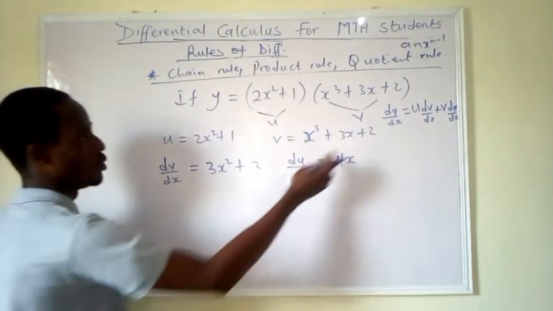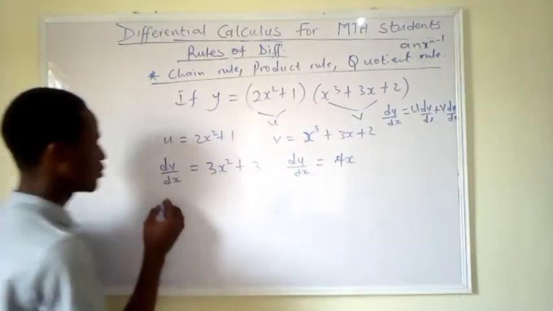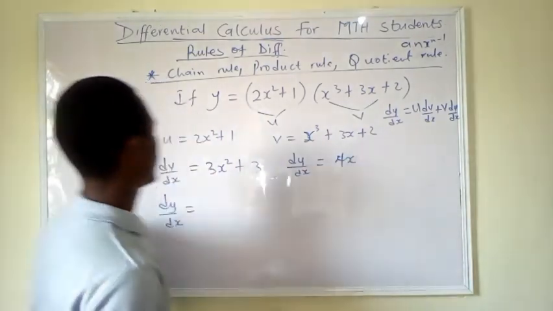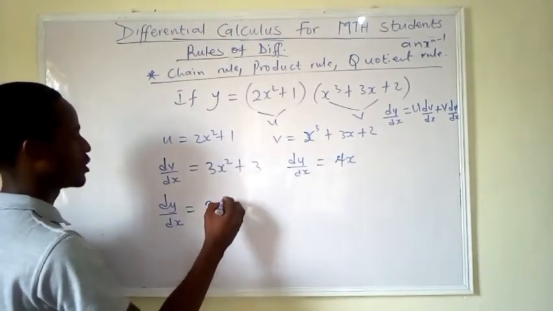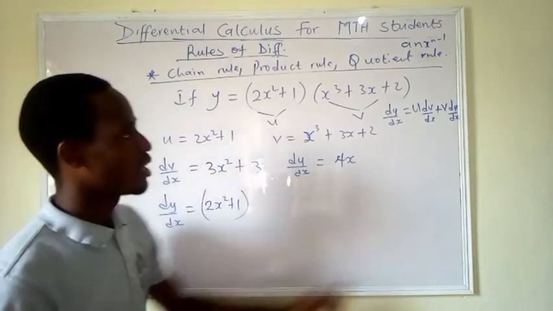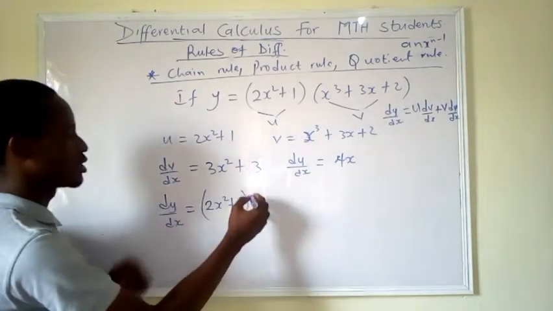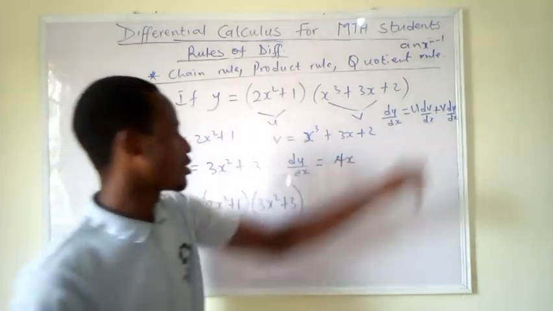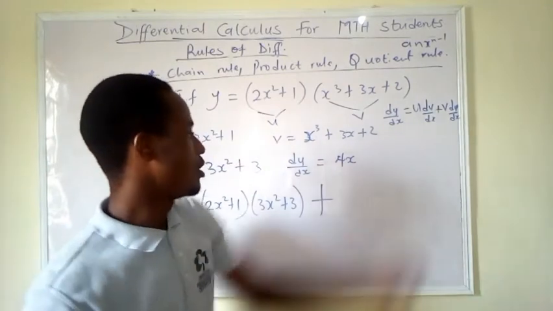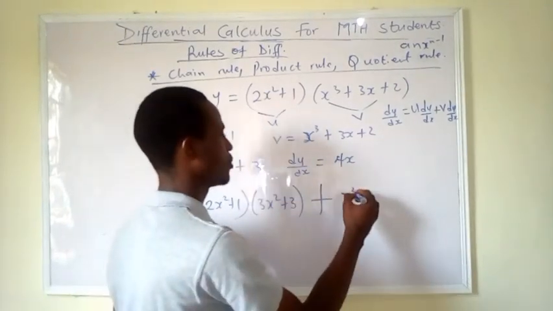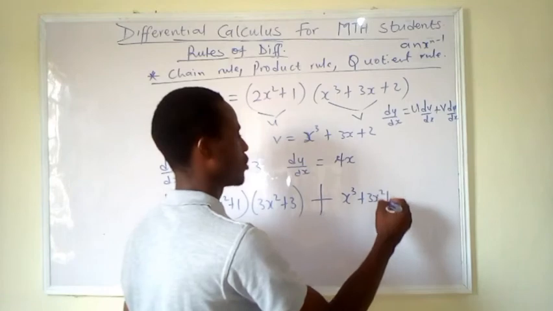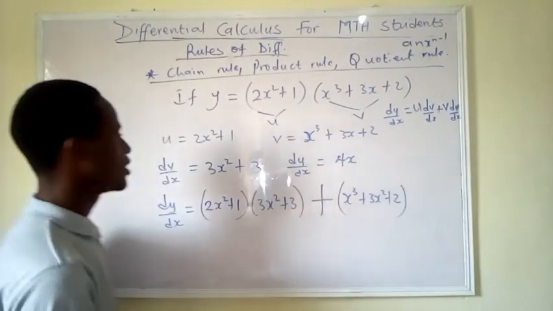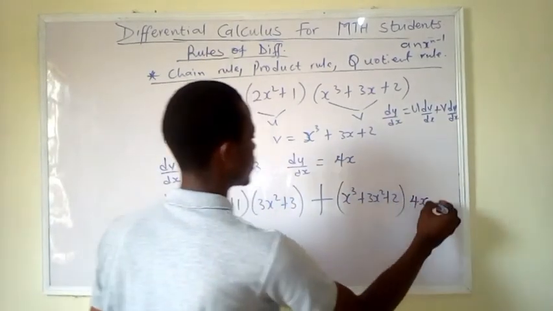So now we slot them all into the formula to have our dy/dx, which will be u, that is 2x squared plus 1, multiplied by dv/dx, that is 3x squared plus 3, then plus v, that is x cubed plus 3x plus 2, multiplied by du/dx, that is 4x.